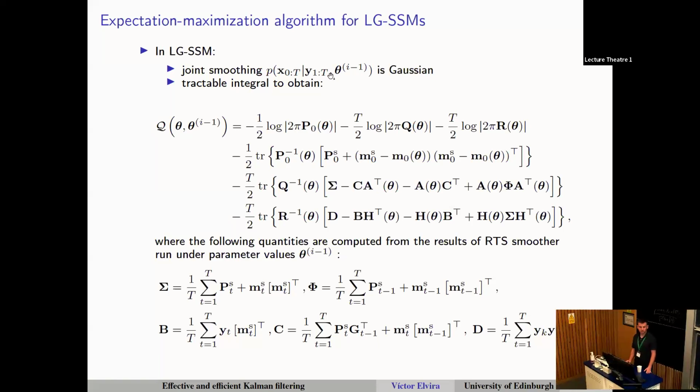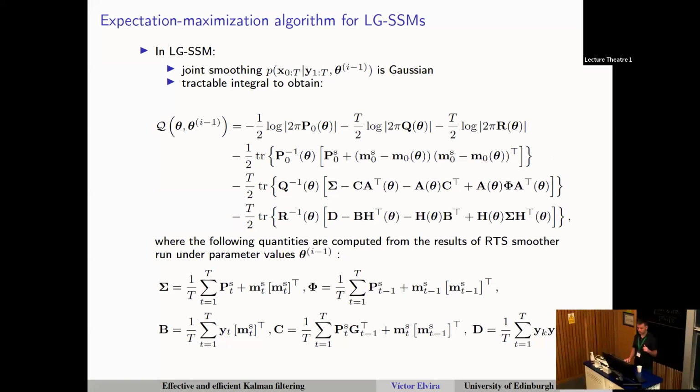Then as byproducts, you obtain a lot of quantities of interest, for example the means and the covariances of the smoothing distribution. With this, you construct these matrices, and you plug them here. Once you plug them here, everything is a function of theta, theta being all the model parameters. Now you have completed the E step.